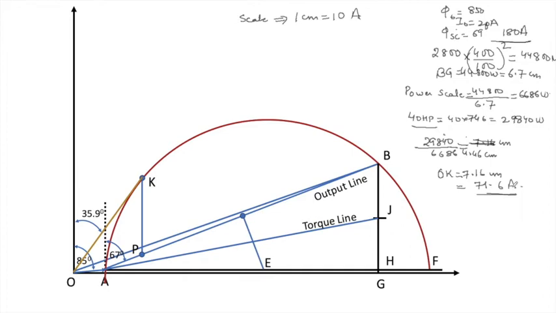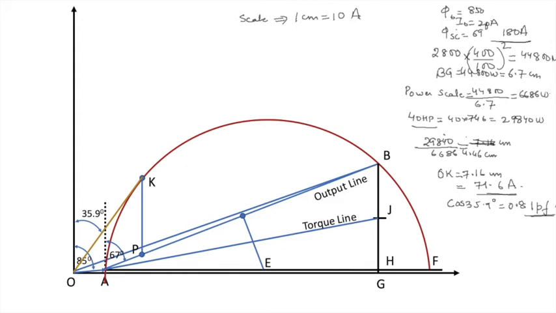So the power factor will be cos of 35.9 degrees, which comes out to be 0.81. This is your full load power factor. So 0.81 is our full load power factor.